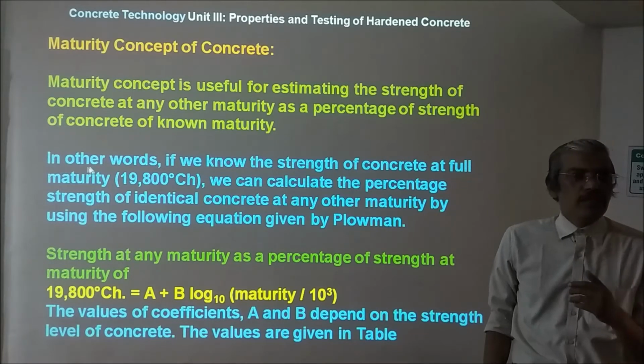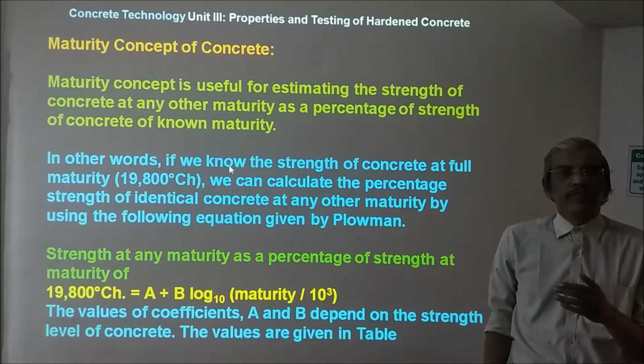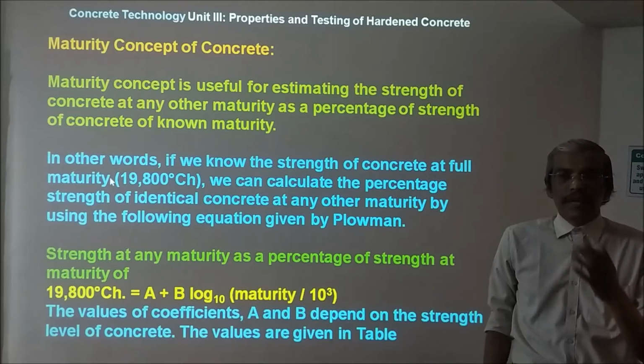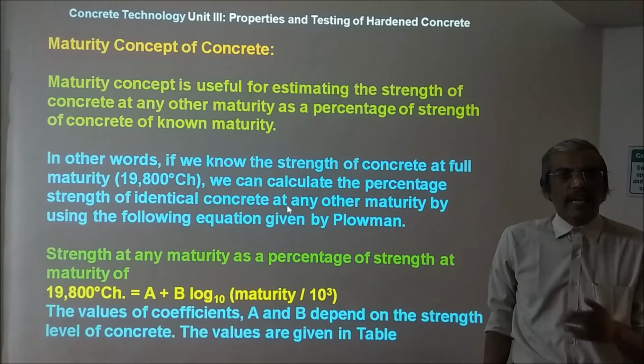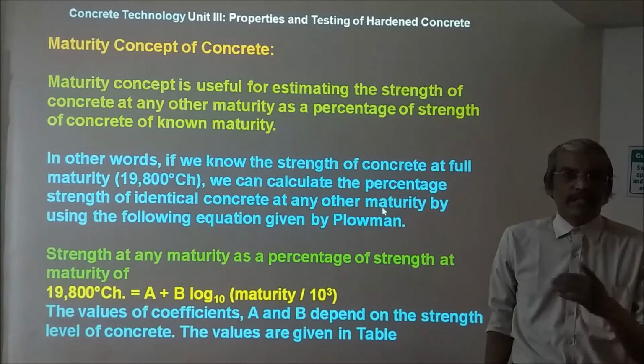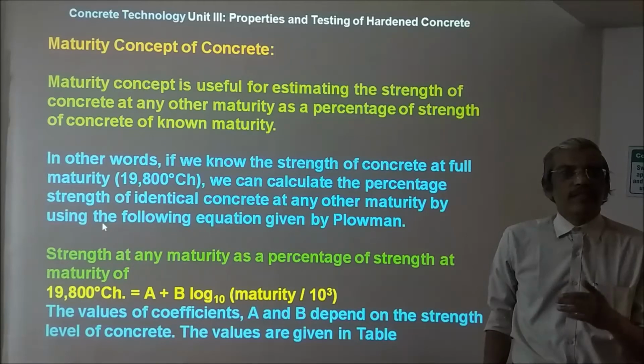In other words, if we know the strength of the concrete at full maturity, that is 19,800 degree centigrade hours, we can calculate the percentage strength of identical concrete at any other maturity by using the following equation given by Plowman.